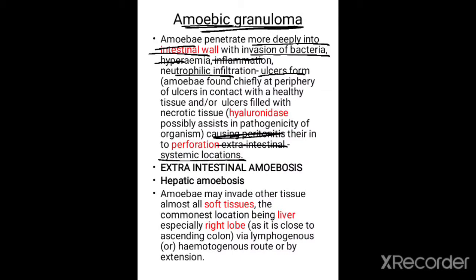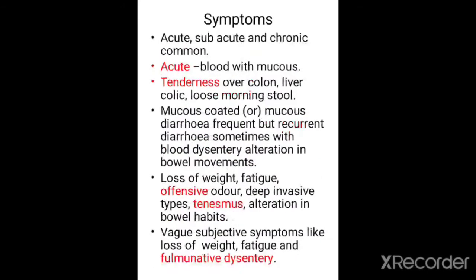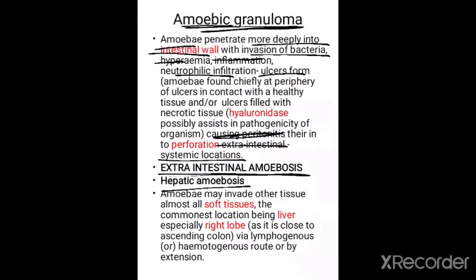Now let us come to extraintestinal amoebiosis, which includes hepatic amoebiosis. Amoeba may invade other tissues, almost all soft tissues, and the most common location is the liver, especially the right lobe of the liver.